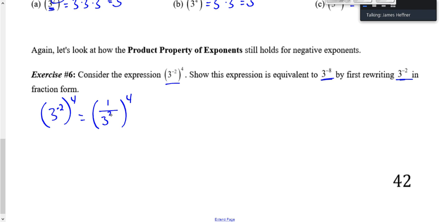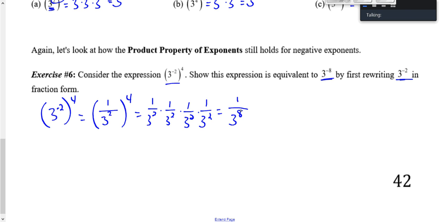Well, to the 4th power, wouldn't that just be 1 over 3 squared times 1 over 3 squared? Like this. Right? To the 4th power. So that would be 1 over 3 to the what? One over 3 to the 8th. 3 to the 8th. Okay?